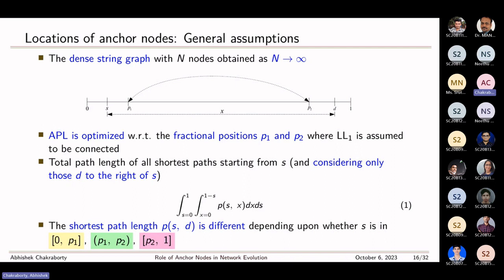So instead of using two different variables, S and D, source and destination, where both are varying, we just use X as a change of variable and use only one changing variable, X, S. So we just remove D by using S plus X equal to D. Here you can see the inner integral in equation 1 is from X equal to 0 to 1 minus S. Is it clear?